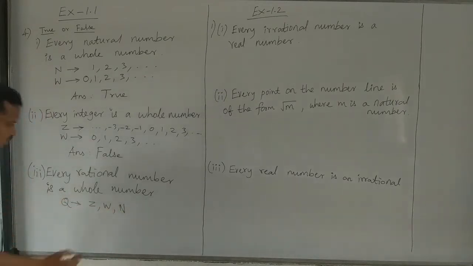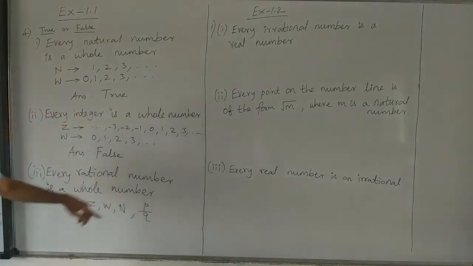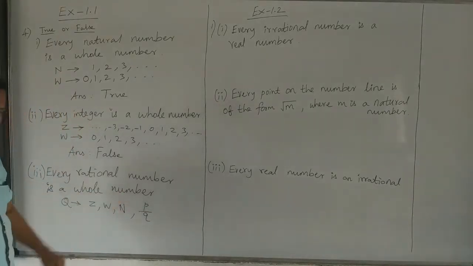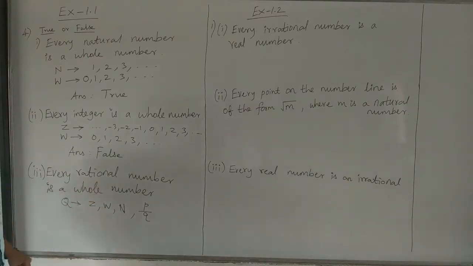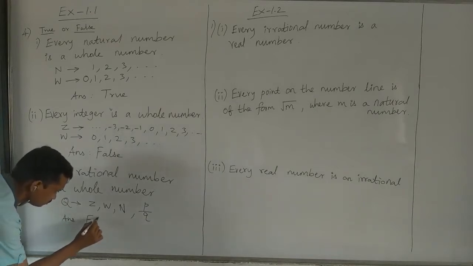Of the form P by Q, integer by integer, that's also a rational number. But whole numbers are only W, that I have already written: 0, 1, 2, 3, etc. So every rational is a whole number is wrong. Okay. So the answer is false.